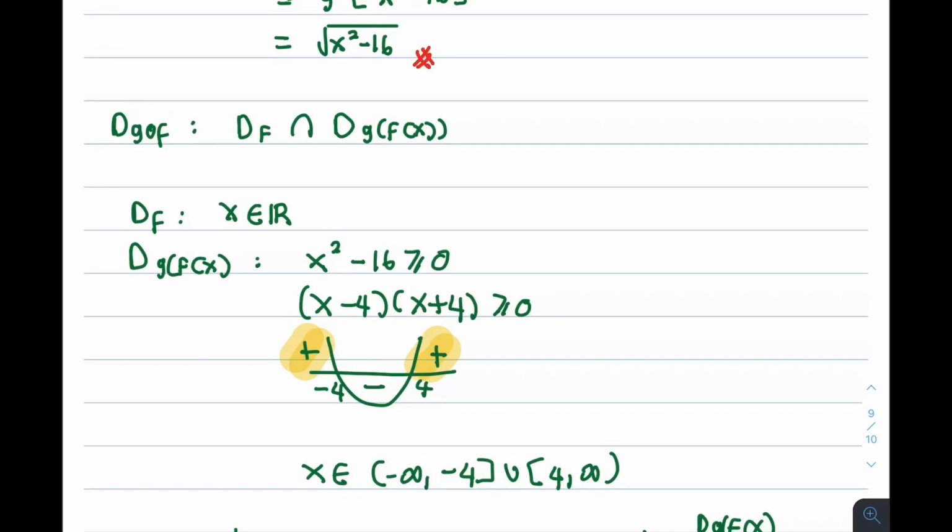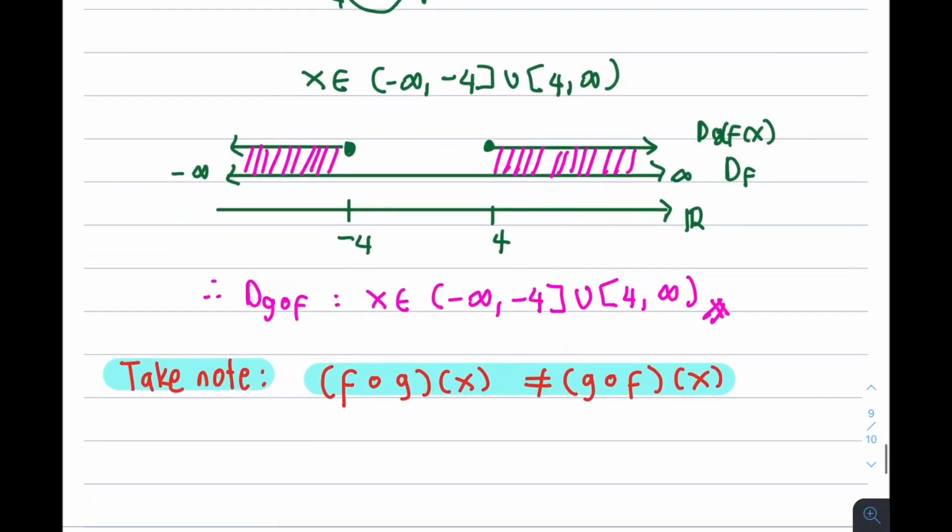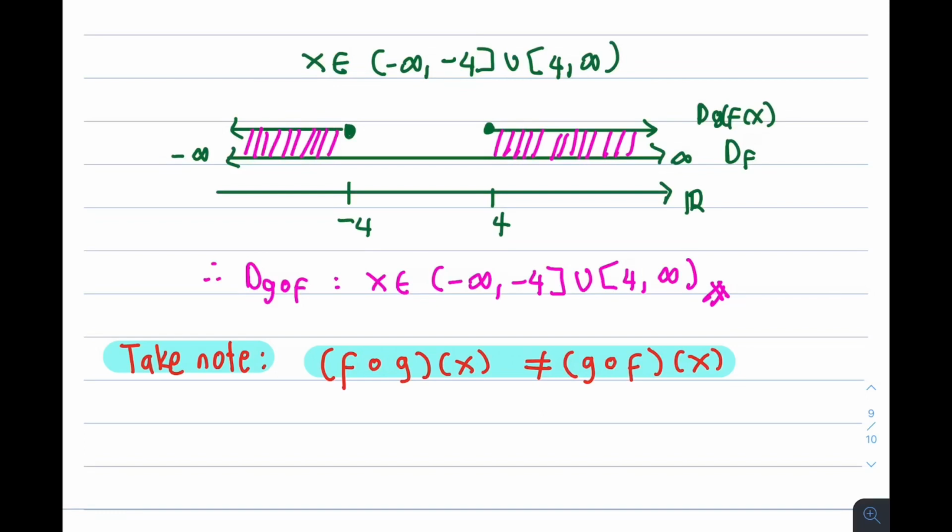So what I mean is, the domain of f is all real numbers, and if you intersect with the domain overall, negative infinity until negative 4 and 4 until infinity, the intersection will give you back the domain overall, which is x belongs to negative infinity until negative 4 and 4 until infinity. Another thing to take note of is that f composite g is never the same as g composite f.